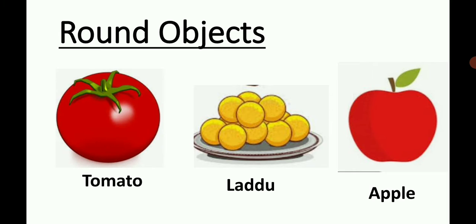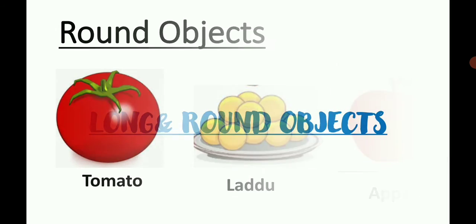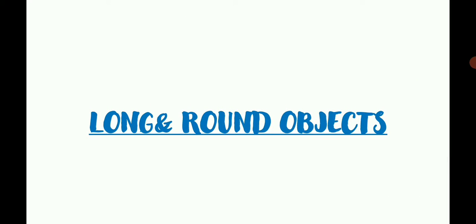There are some vegetables and sweets also which we can see in round shape like tomato, laddu, apple, gulab jamun, rasgulla, etc. Now let's know about long as well as round objects.